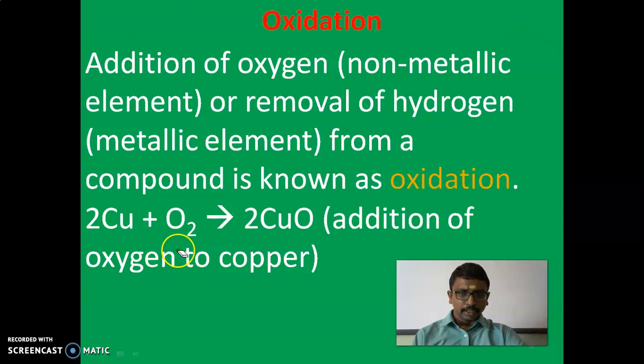So here the addition of oxygen to copper takes place. The copper is converted to copper oxide. Here the addition of oxygen is taking place, so we can tell it as an oxidation reaction.